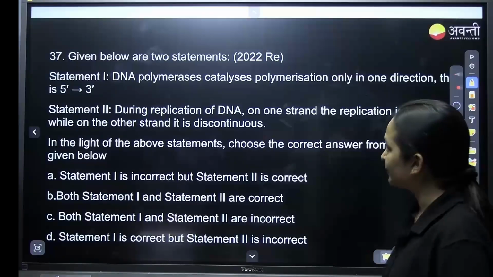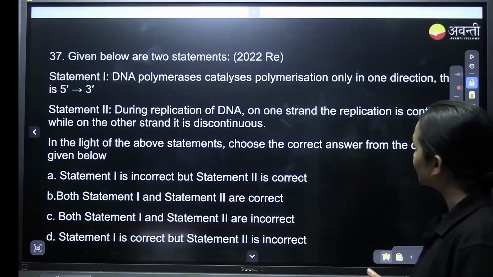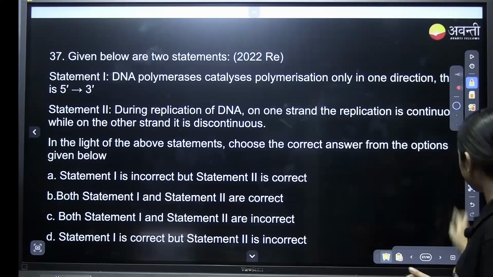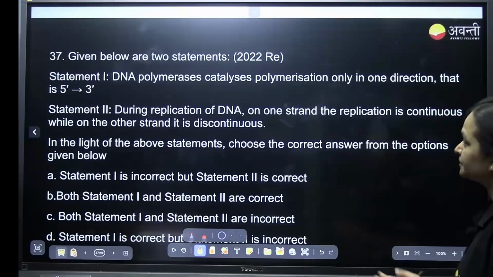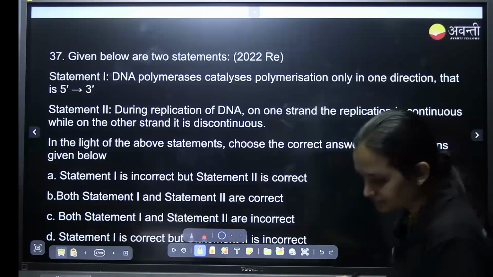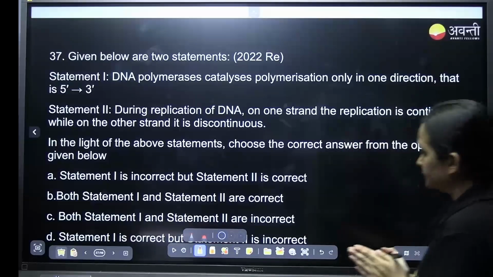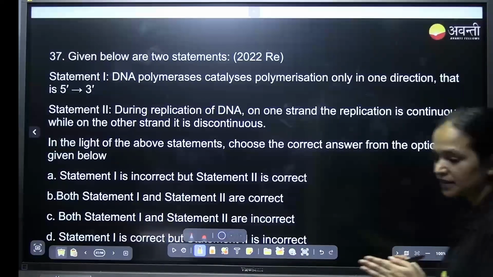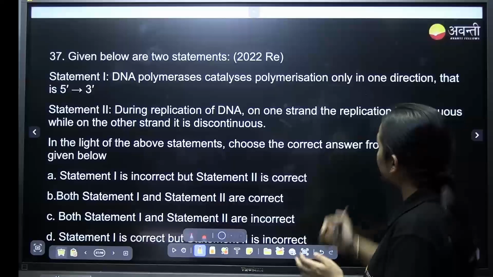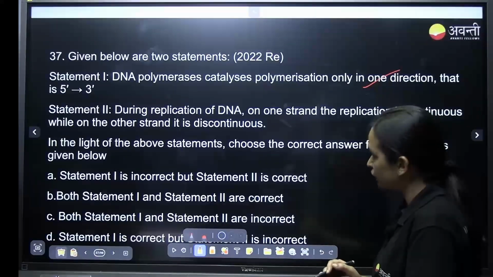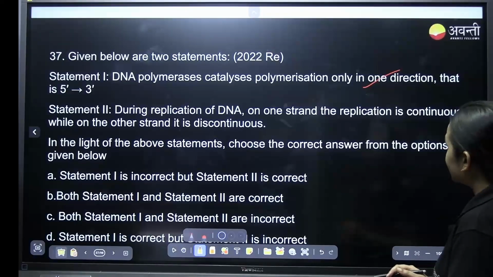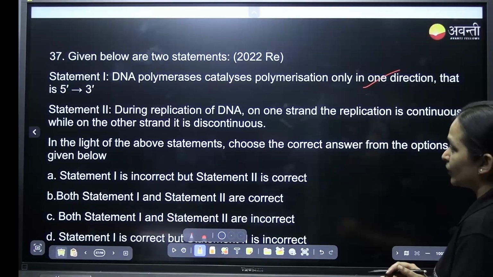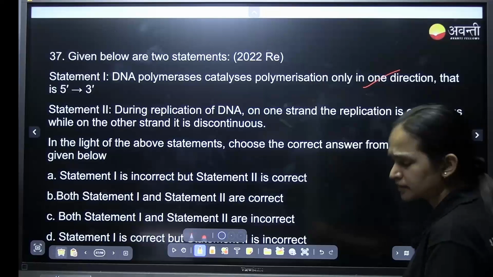Statement 1: DNA polymerase catalyzes polymerization only in one direction, that is 5' to 3'. Tell me. I just told you. Statement 2: During replication of DNA, on one strand the replication is continuous while on the other strand it is discontinuous.